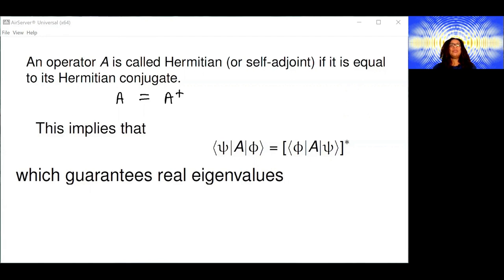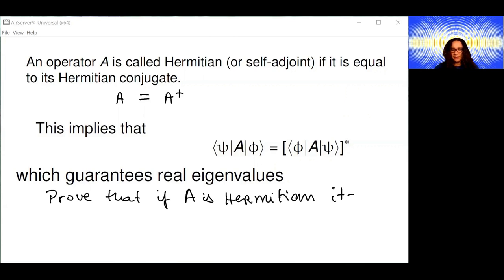And to start with, let's write an eigenvalue equation. So we have an operator. We're going to prove that if A is Hermitian, its eigenvalues are real. This is what we are aiming for.